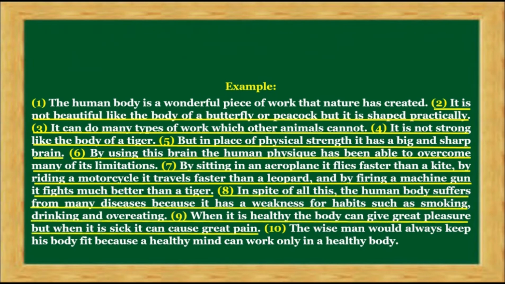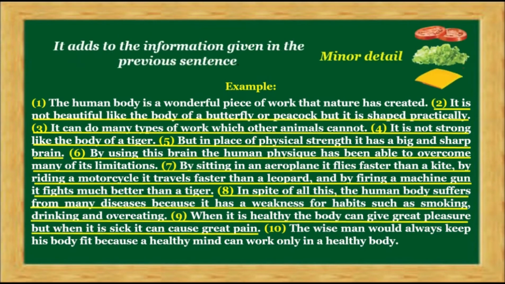Meanwhile, sentences 8 and 9 are examples of a minor detail because they add to the information given in the previous sentence. Note, supporting details may differ depending on the purpose of the paragraph.